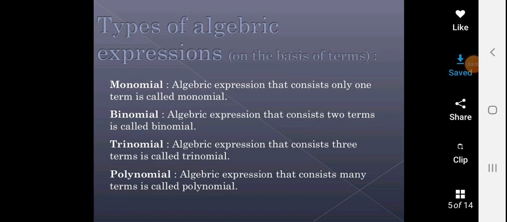Binomial, an algebraic expression that consists of two terms is called the binomial. Trinomial, an algebraic expression that consists of three terms is called the trinomial. Algebraic expression that consists of many terms is called the polynomial.